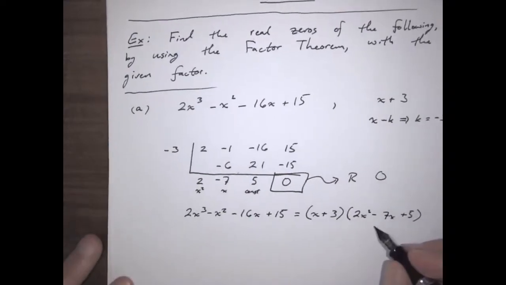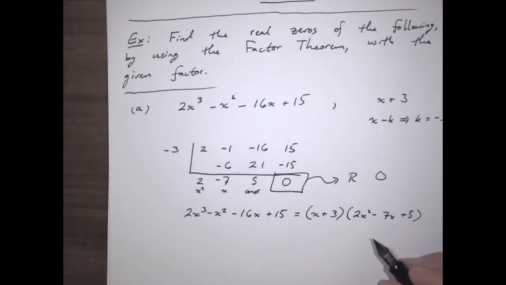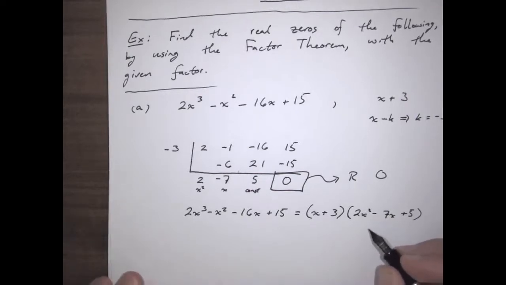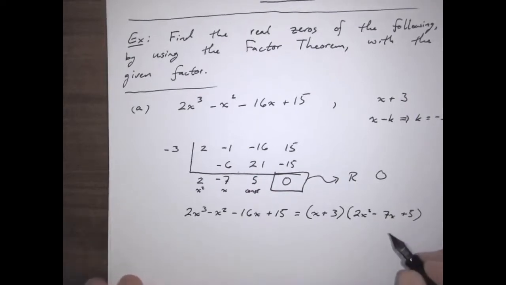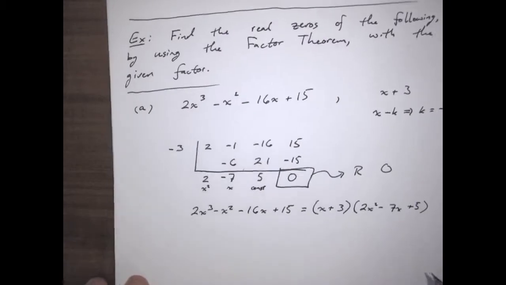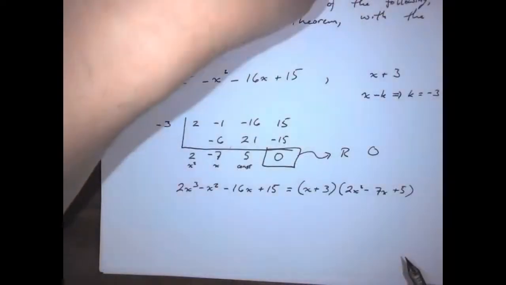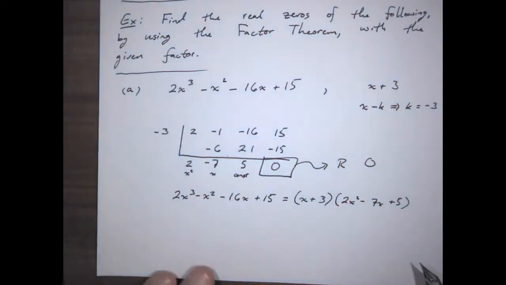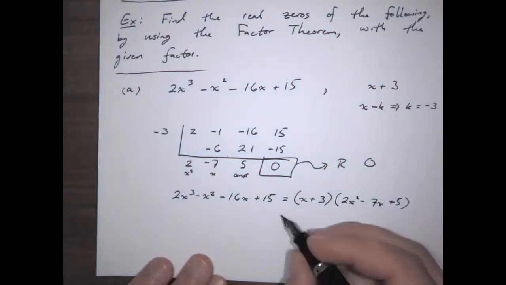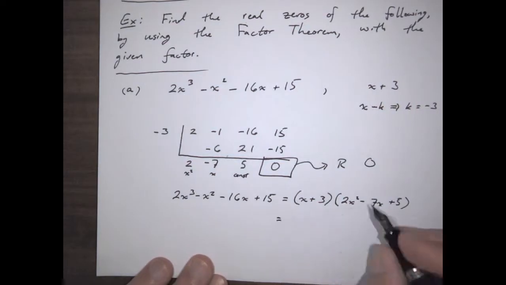Now, if we want to factor this, we can do it by a couple different means. We can do it by grouping. We can do it by what they call the AC method, or if you're really feeling like just going for the nuclear option, you could just do the quadratic formula as well. Now, there's no reason why we have to resort to any fancy new things to factor this.